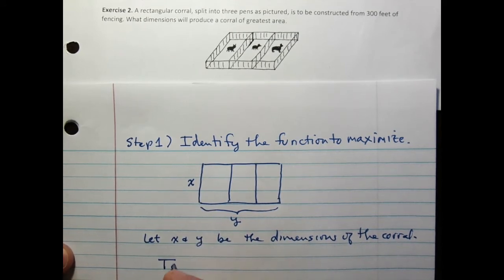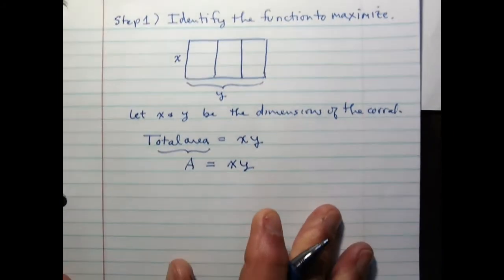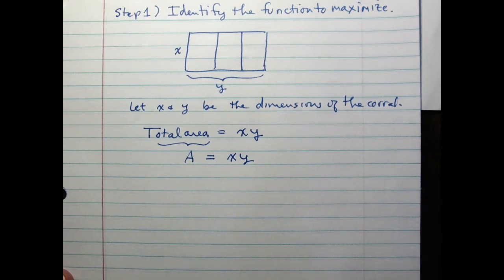So the total fenced in area is easy to describe from the way I drew my picture. That's just going to be X times Y. And I can give this area a variable name, A equals XY. Whoops, going down off the bottom.